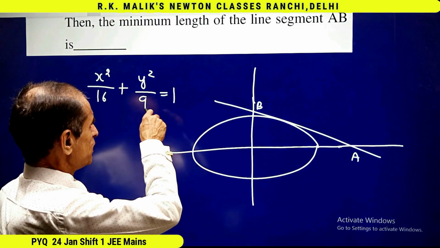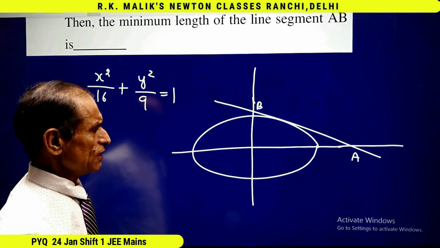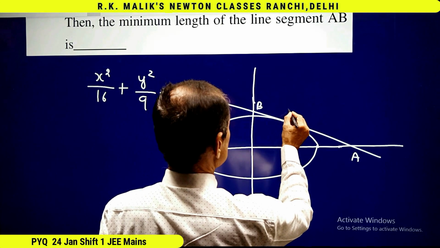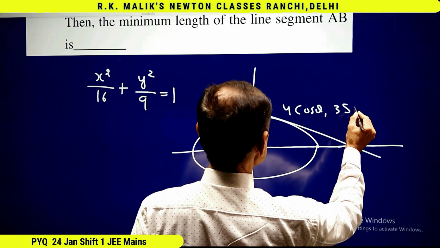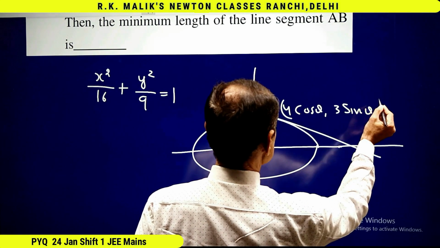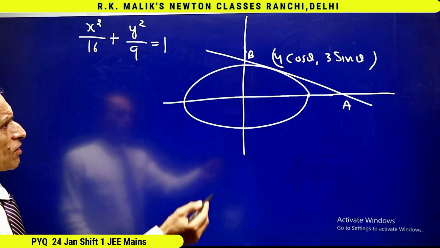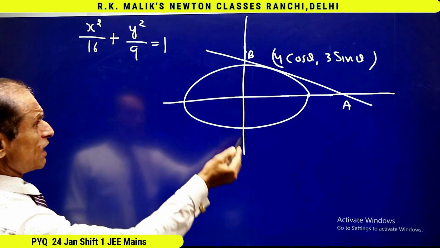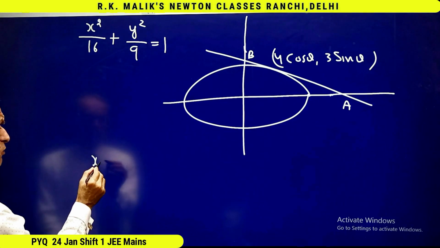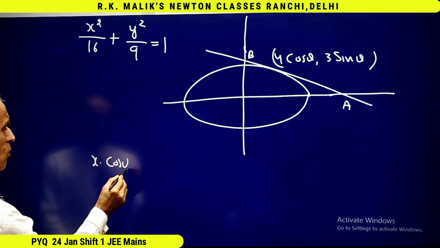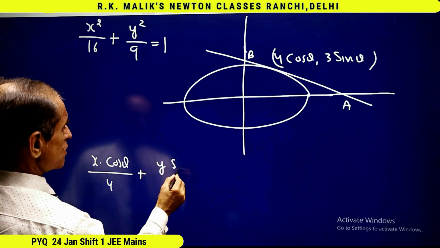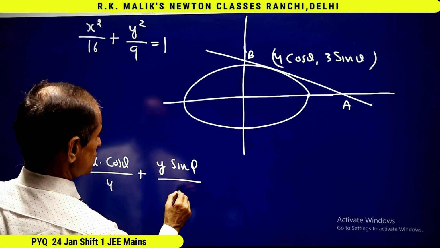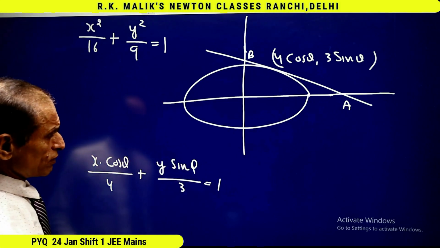You know that any point on this ellipse can be taken as (4 cos θ, 3 sin θ). Clearly the equation of the tangent at this point will be x cos θ/4 + y sin θ/3 = 1.